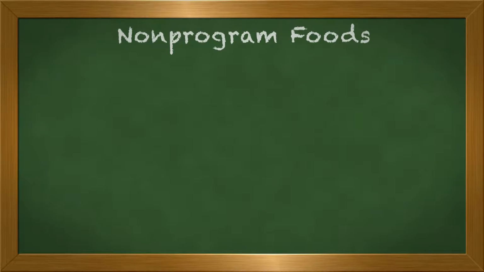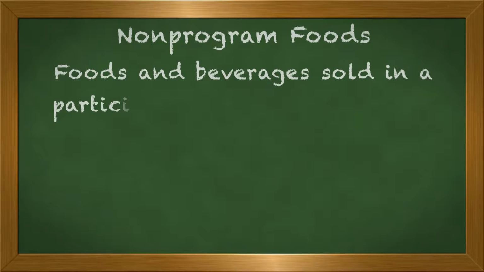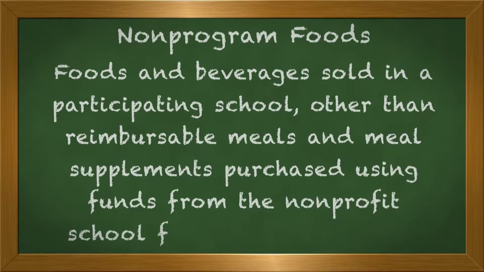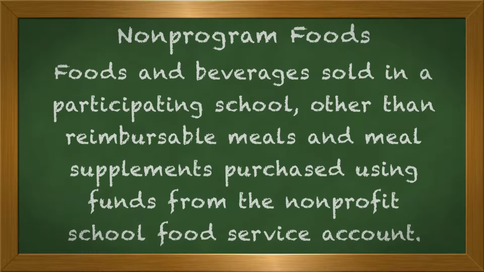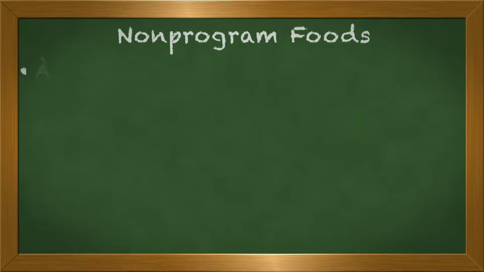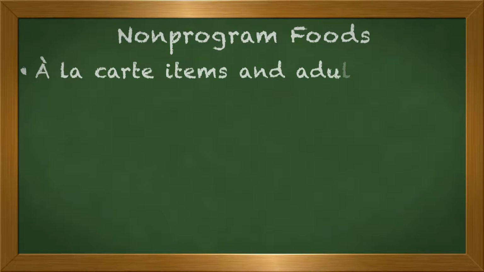FNS defines non-program foods as those foods and beverages sold in a participating school other than reimbursable meals and meal supplements that are purchased using funds from the nonprofit school food service account. Non-program foods include a la carte items and adult meals.